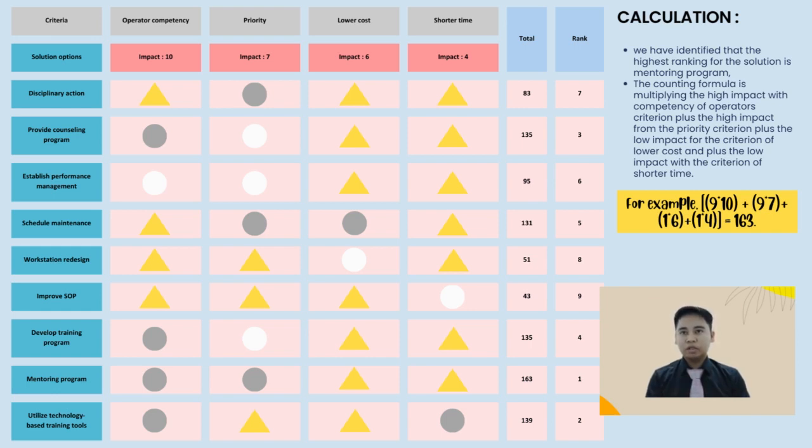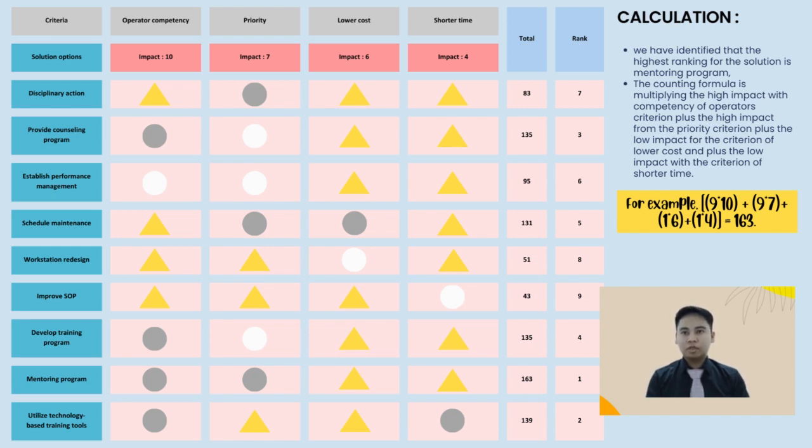After completing the counting for the matrix diagram, we identified that the highest-ranking solution is the mentoring program, with a total of 163 marks. The counting formula is multiplying the high impact with the competency of operators criterion, plus the high impact from the priority criterion, plus the low impact for the lower cost criterion, plus the low impact for the shorter time criterion.